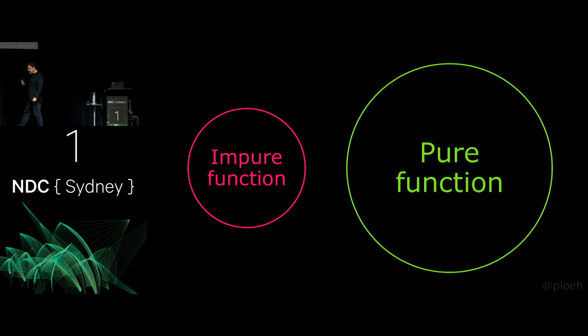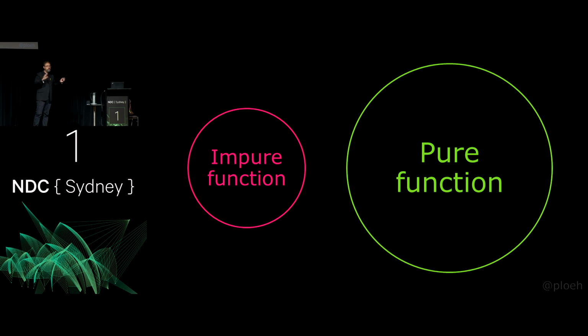So there's a couple of relationships between those two things that you need to understand. First of all, if you have a pure function and you want to call another pure function from that pure function, that is absolutely okay. It doesn't make your calling pure function more or less pure that it calls another pure function. That's just a way of composing things. If you have an impure function and you want to call another impure function from that impure function, you can absolutely do that.